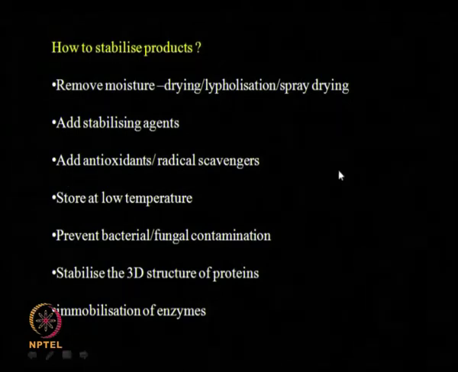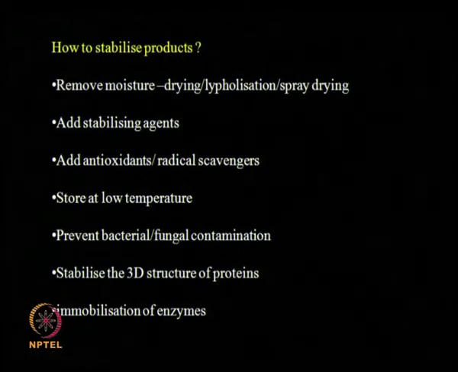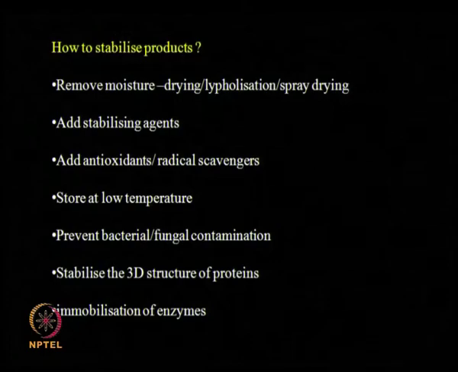Third approach is to add antioxidants, that means agents which prevent oxidation, that means they scavenge the oxygen, thereby they prevent the oxidation of your product. You could add radical scavengers. Radicals are formed because of the UV light. So if a product is exposed to UV light or even sunlight, radicals are formed.